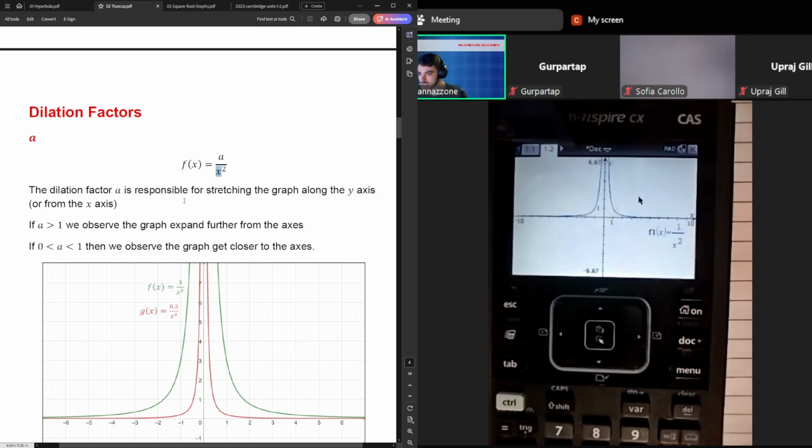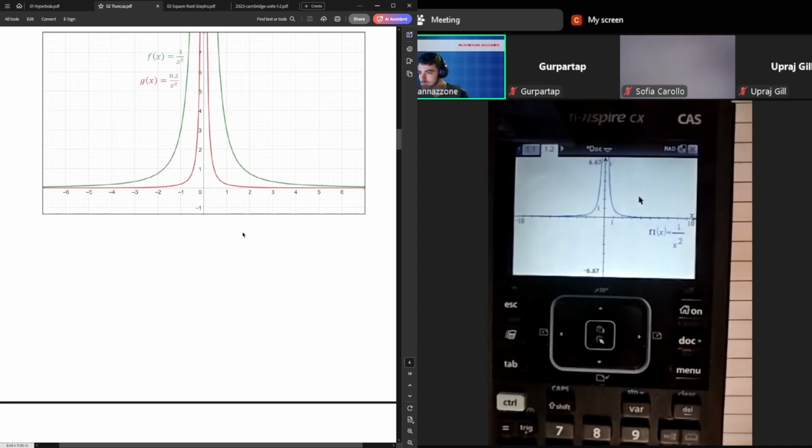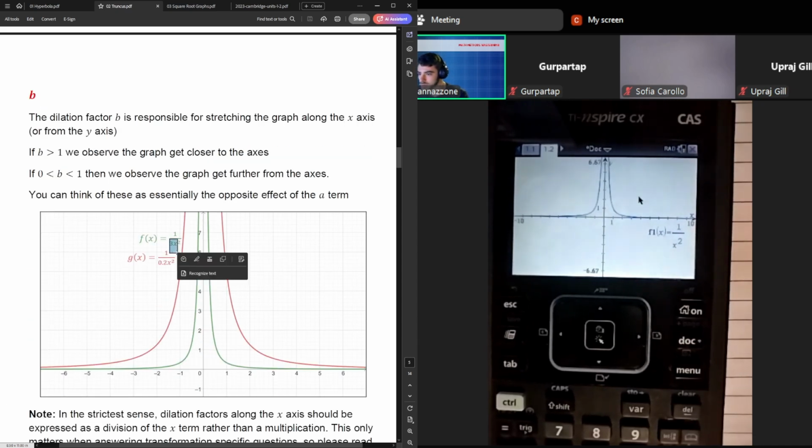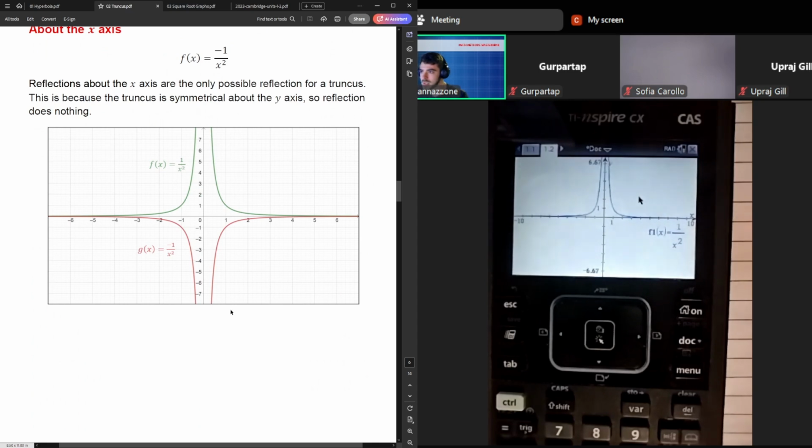If you have multiplication terms, they will stretch it in a certain way. Bigger term means more stretch. Whether it be in the denominator or numerator will depend on what direction it stretches in. It's not super necessary. In this case, you can only reflect in the x.